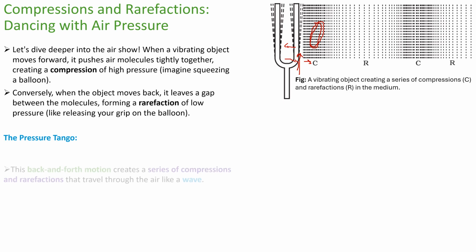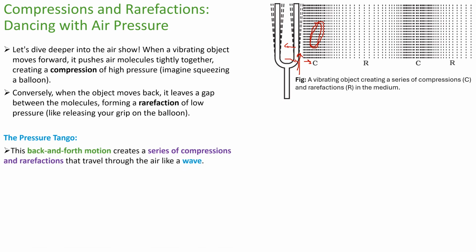And then what is this pressure tango? See, pressure is changing: increasing, decreasing, increasing, decreasing, right? This back and forth motion of the object, in this case the prong, creates a series of compressions and rarefactions that travel through the air like a wave.